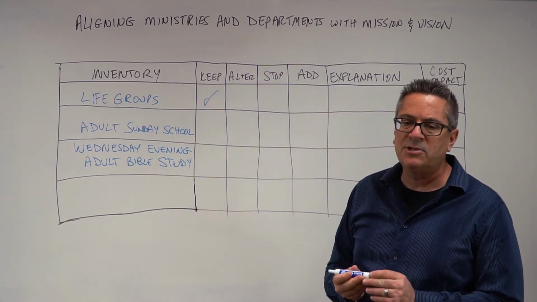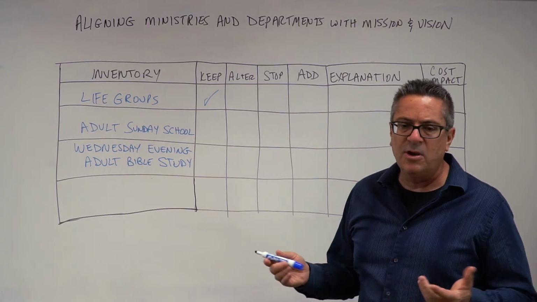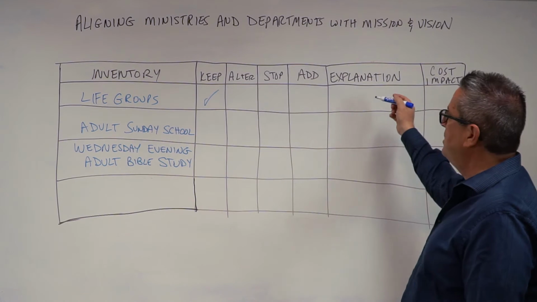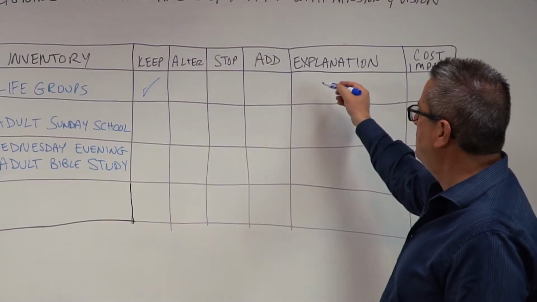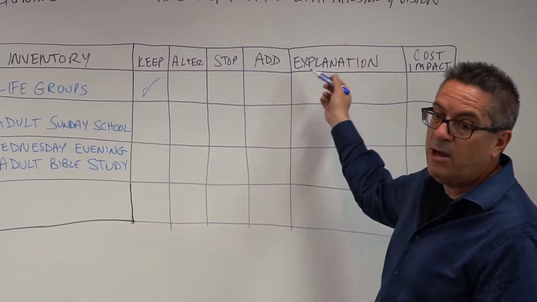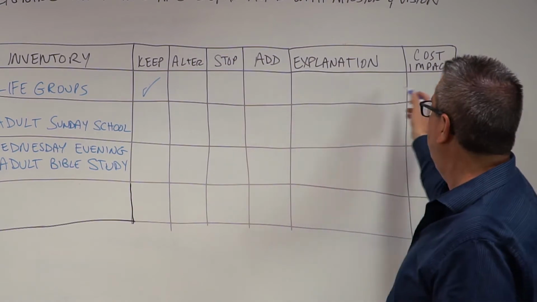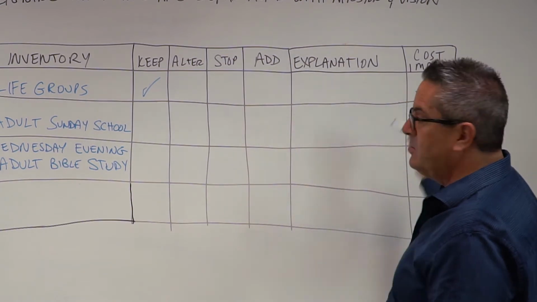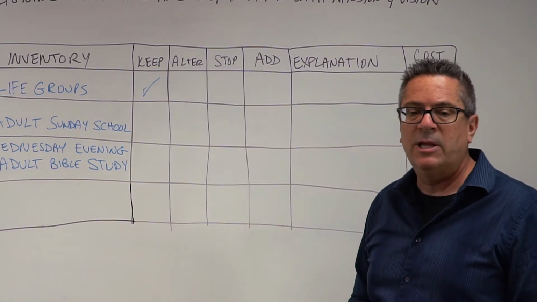They've got a lot of traction on it, and it's just going well. So over here, under explanation, they may just put something like working well, carry over. And over here in cost impact, there really is no impact because they're already involved in that.